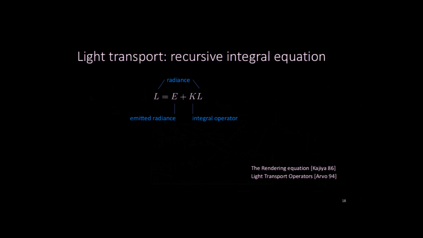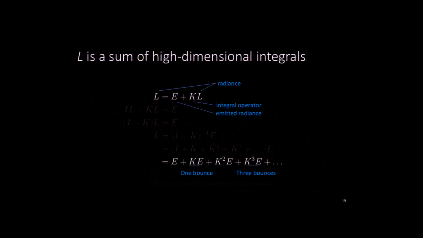It's some constant. And then he explained how you can simplify this. And it turns out in mathematics, this is a very standard equation. If you have an integral operator and you have this form, you can simplify.